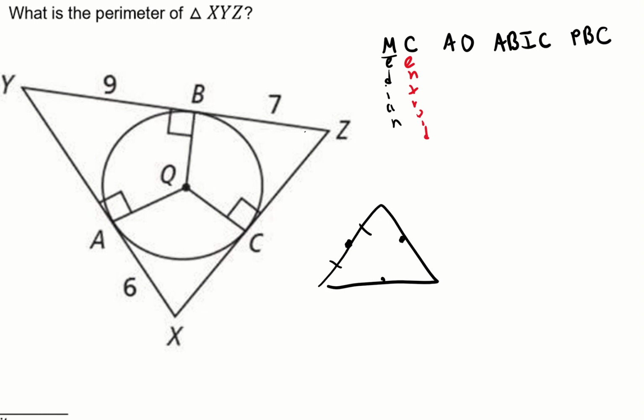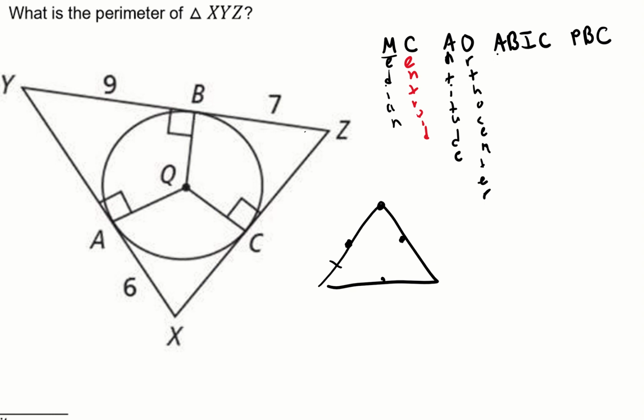All right, similarly, this one's the altitude, and this is related to the orthocenter. Now the altitude is when you form a right angle from one vertex to the opposite side. And where they cross is known as the orthocenter.